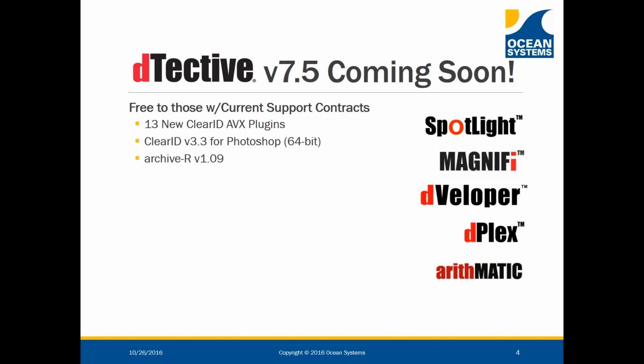Detective 7.5 is also going to include Archiver version 109, our solution for quick, easy archiving of Avid Media Composer projects, everything from bins and projects and attic settings and media, but as well as pretty much any other type of digital evidence.